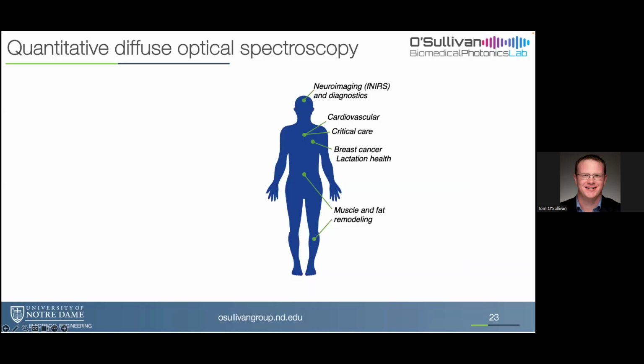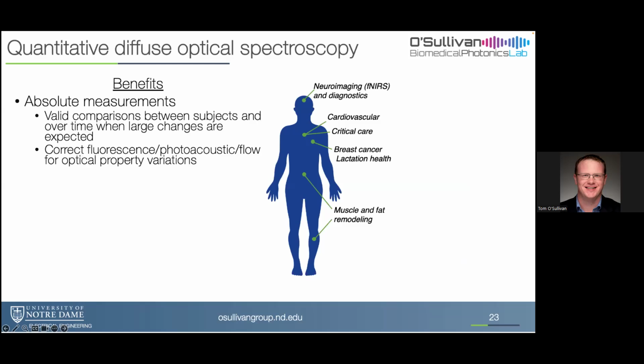All right, so why would you want to switch to quantitative diffuse optical spectroscopy? The benefit of taking absolute measurements is the ability to make more valid comparisons between different types of subjects.